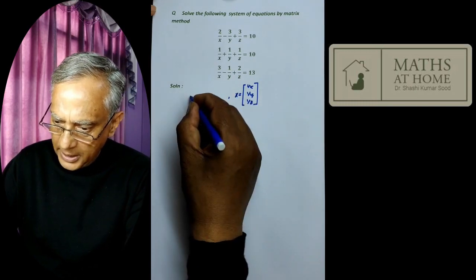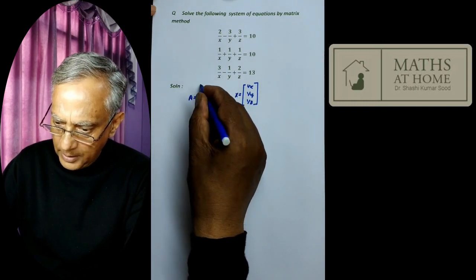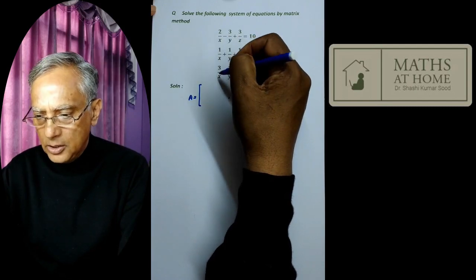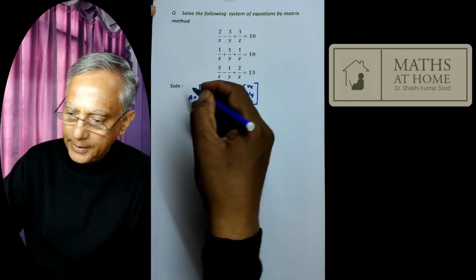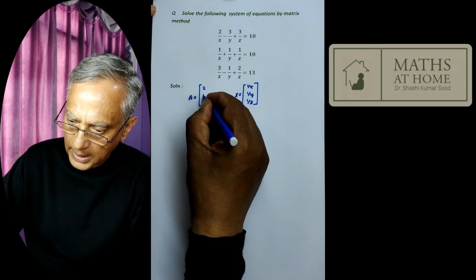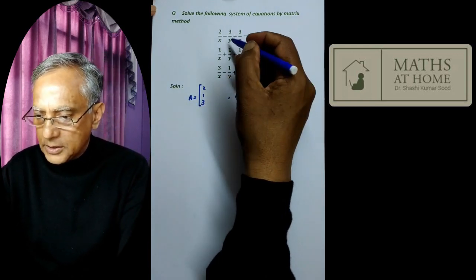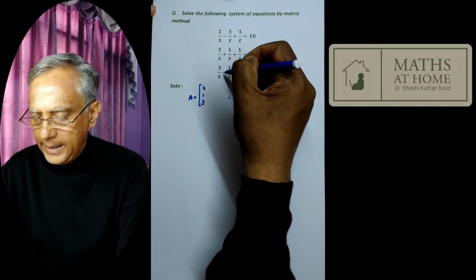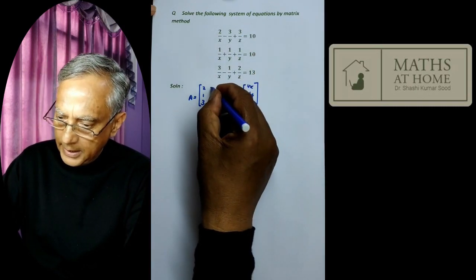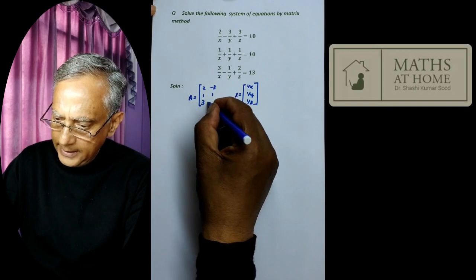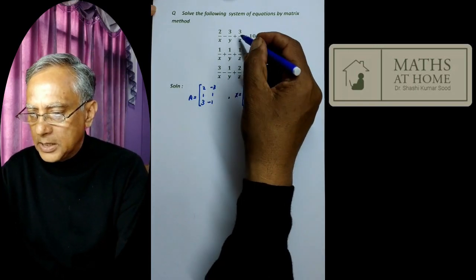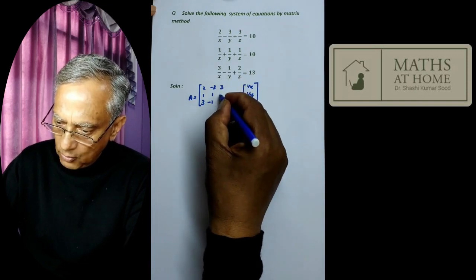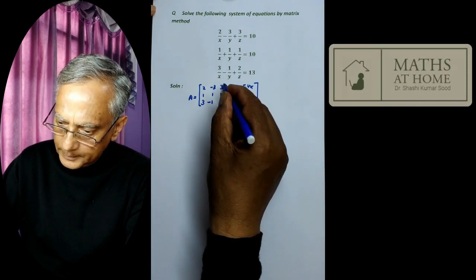And so the coefficient matrix A will be equal to, now coefficients of 1 by x are 2, 1, 3. Coefficients of 1 by y are minus 3, 1 and minus 1. And coefficients of 1 by z are 3, 1, 2.